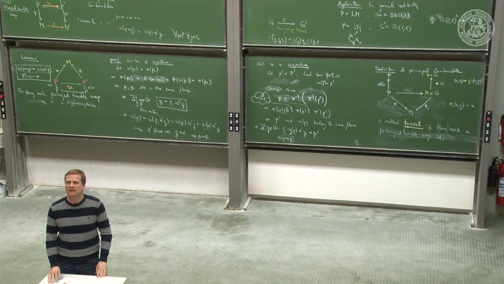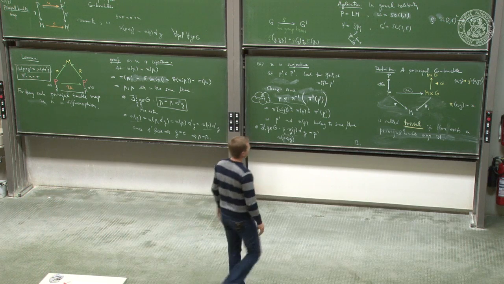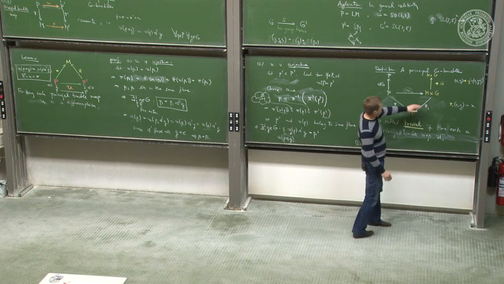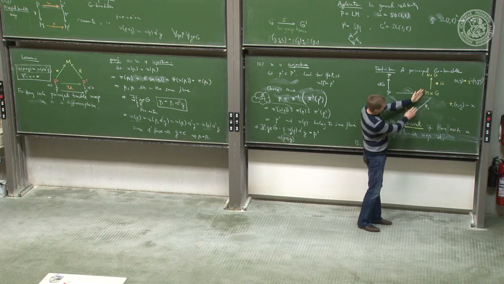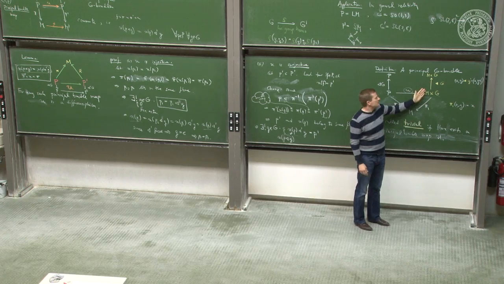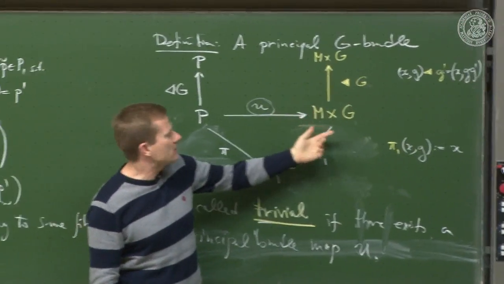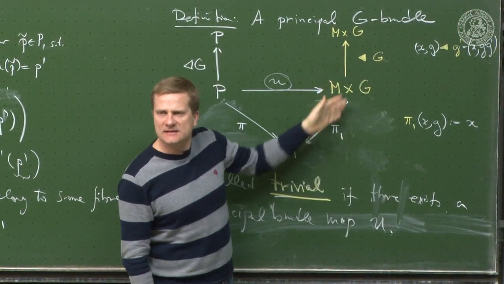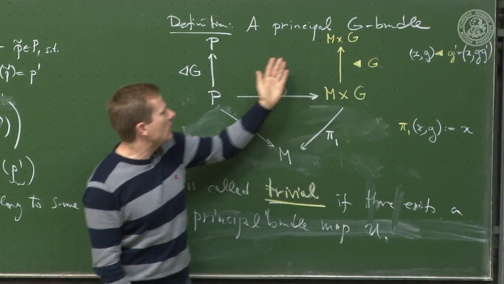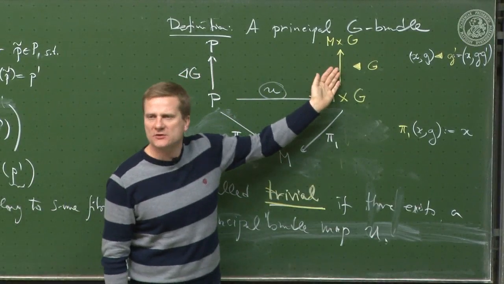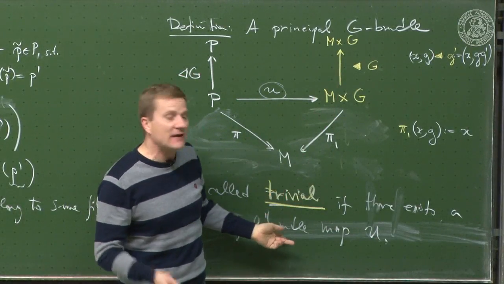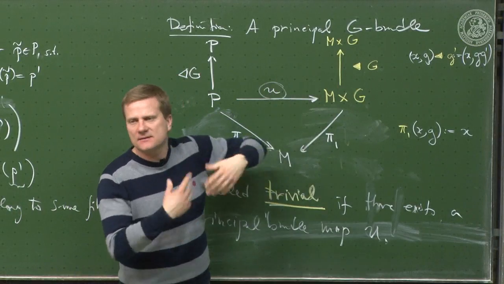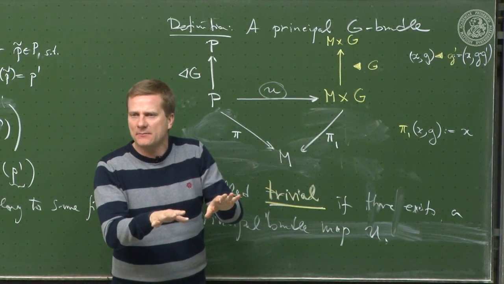Yeah? Trivial means that always the same fiber is attached. So if you just look at the yellow part of it, including this map down here, this is something you would call a trivial bundle because it's made of a Cartesian product. So the right side is a trivial bundle, but you call any bundle that's diffeomorphic to it, diffeomorphic as a principal bundle, essentially the same.